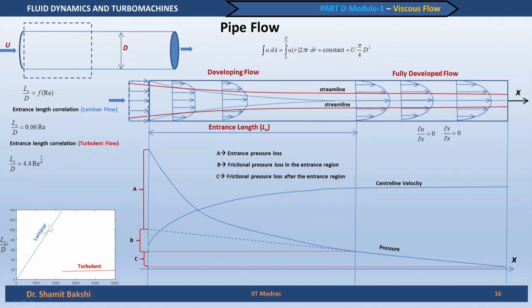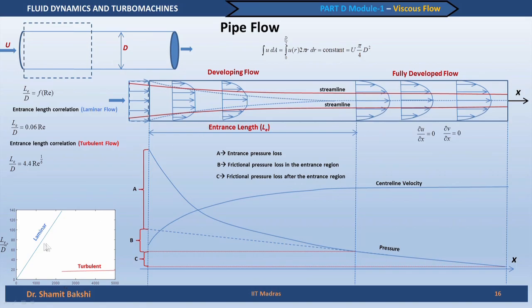But it is quite different when the turbulent portion is plotted; we see there is a sudden fall in the entrance length. This is because in turbulent flows the mixing is more, and this results in a quick merging of the boundary layer. This phenomenon of merging is present even in a turbulent flow, but it takes place much faster than in a laminar flow.